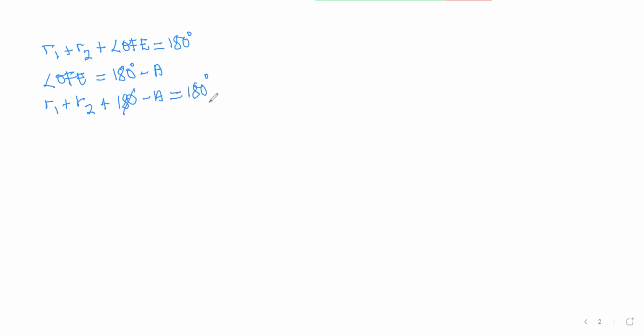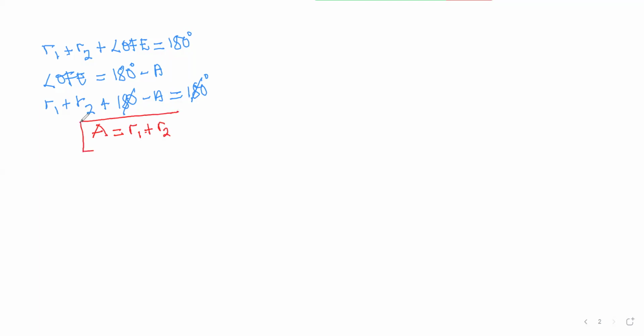And this will reduce to 0. And you eventually have a very important equation: A is equal to R1 plus R2.